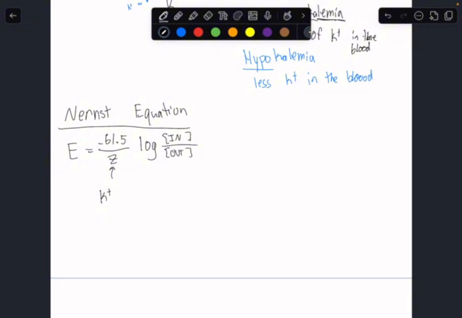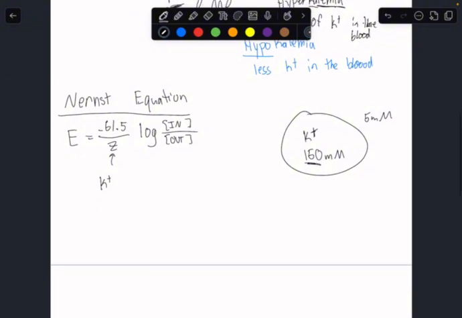So let's just, for example, say we had a cell right here with a concentration of potassium of like 150 millimoles. And then on the outside we have 5 millimoles. So there's a lot more concentration on the inside of the cell. So now we can predict where the potassium will go. So we can plug it into the Nernst equation.